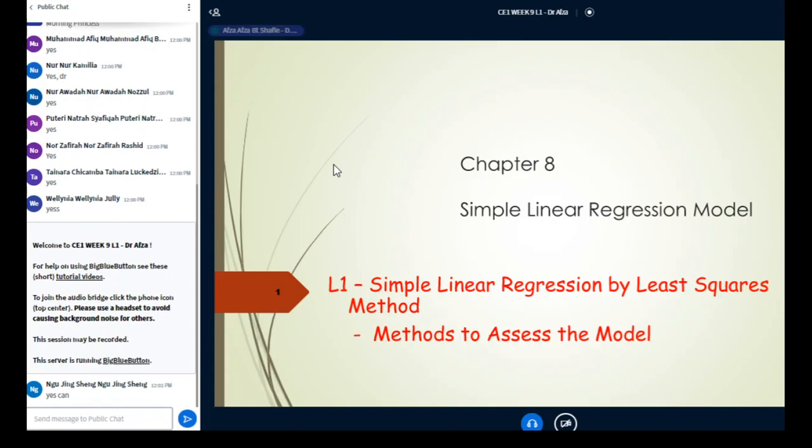In the linear regression model, we are looking at finding the relationship between two variables, namely x and y.